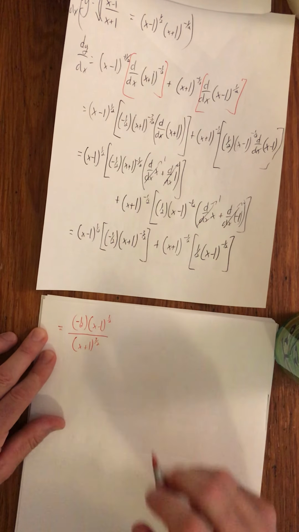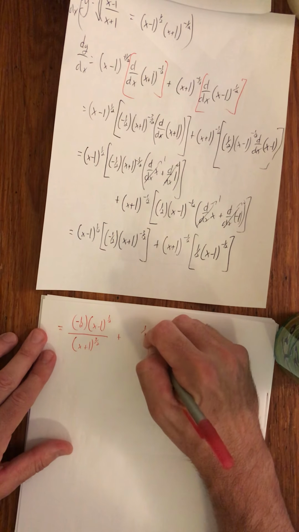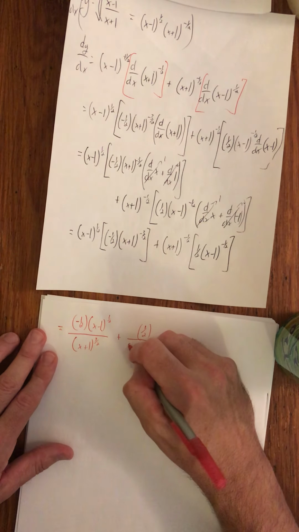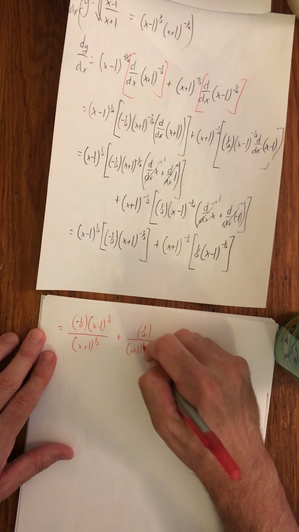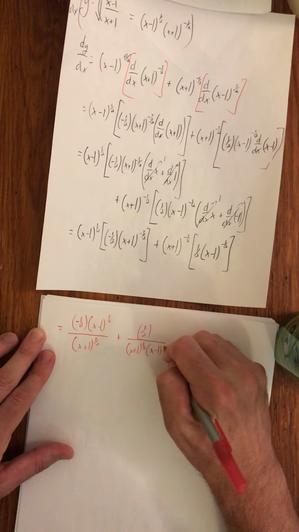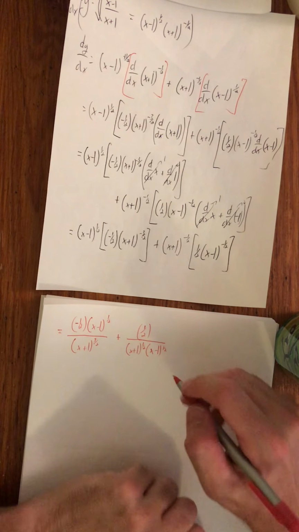Is that correct? Okay. Plus, looking here, I've got only 1/2 in the numerator. And then I've got an x plus 1 to the 1/2, and I've got an x minus 1 to the 1/2. All right, I see what my problem was.